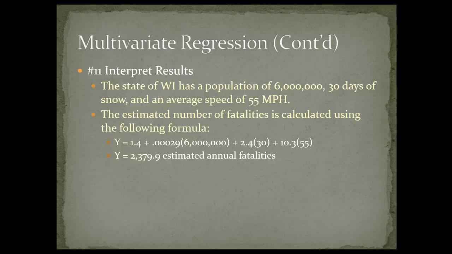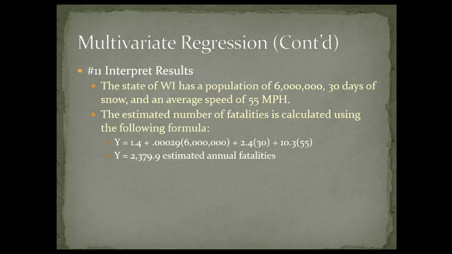Finally, step number 11 is interpreting the results. So the state of Wisconsin, which has a population of 6 million, on average 30 days of snow, and an average speed of 55 miles per hour, the estimated number of fatalities is calculated using the following formula.